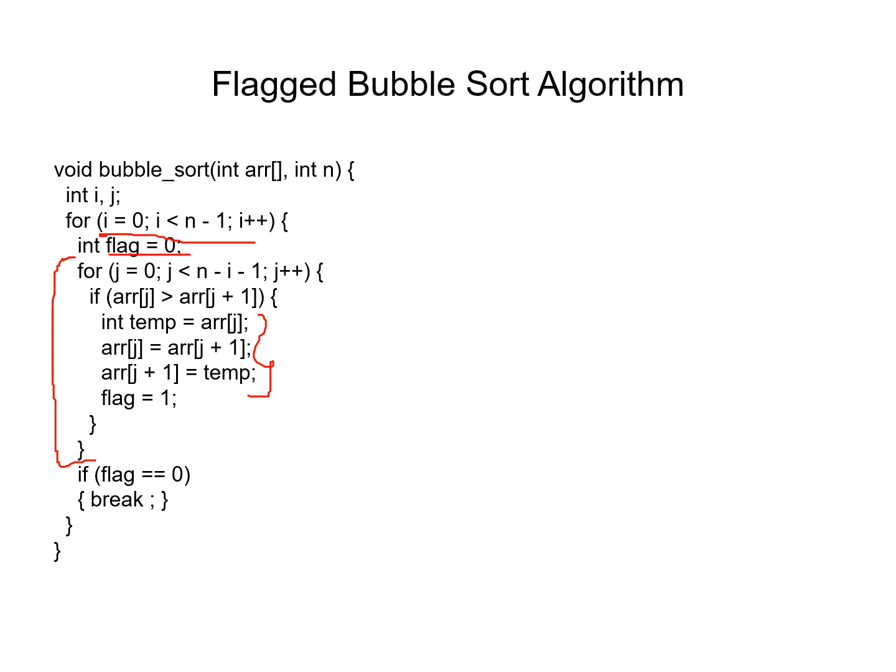In one pass, you have performed the swapping operation and the flag bit is set as 1. After this for loop, you will check whether flag is equal to 0 or not. If flag is 0, that means no swapping, and you will break from here and go out of the outer for loop also, right?